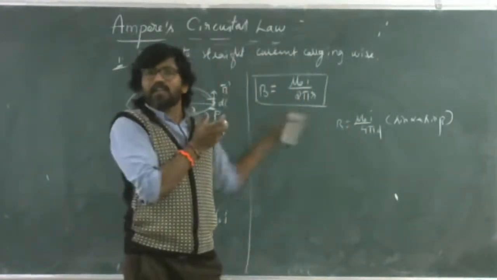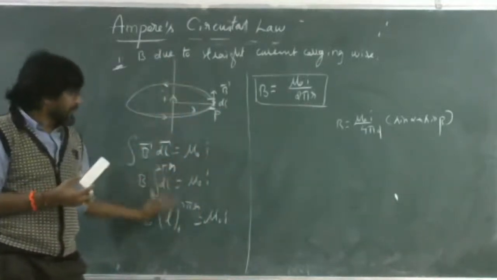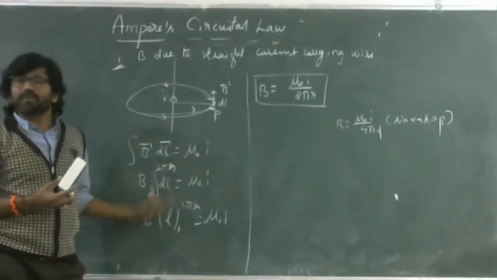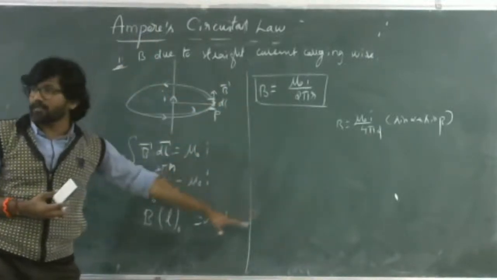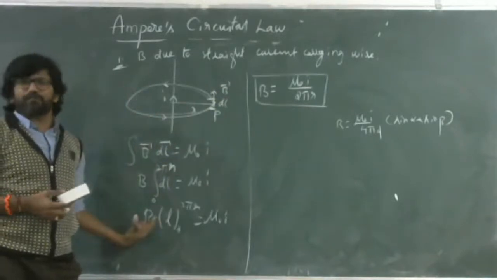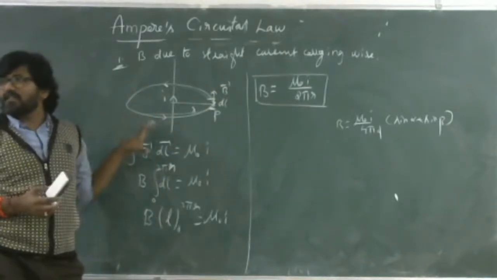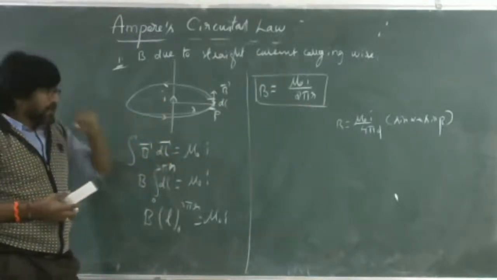Taking d as r, it is 2 pi r. The same thing you get here, but here in the simplest way. The same result we got with a lengthy derivation in the case of Biot-Savart, but with Ampere's law within a few steps we get it. So it is a little simplified.